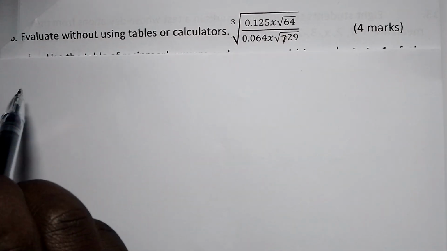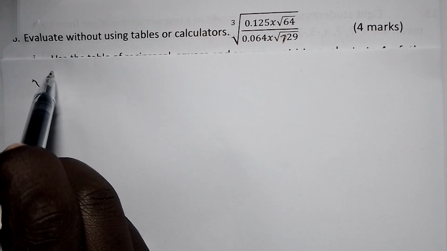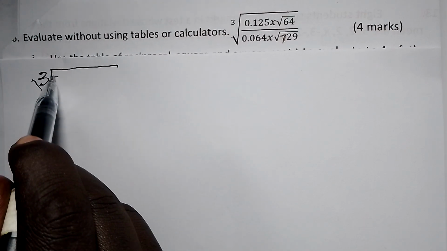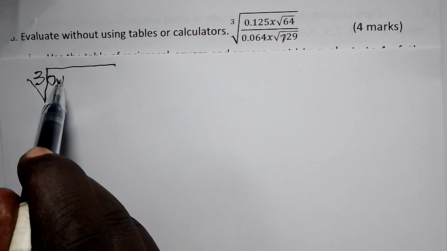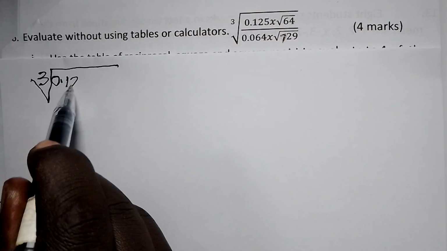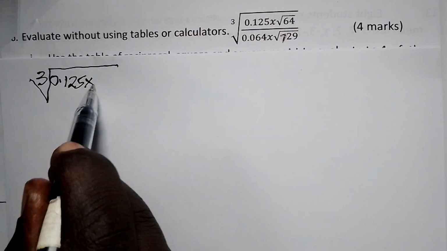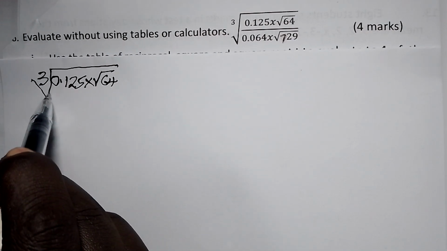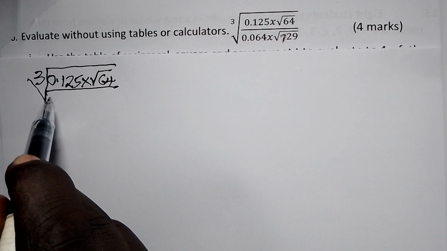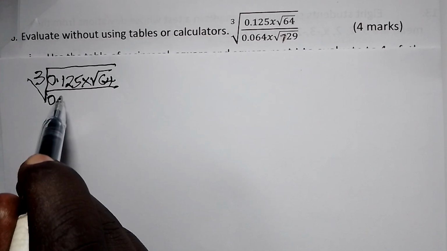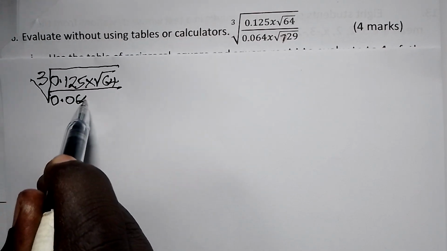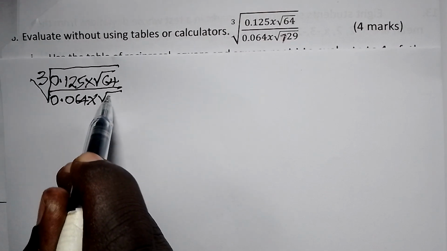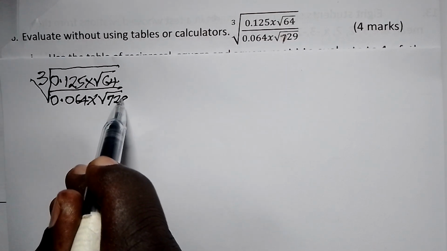Now we have the cube root of 0.125 times the square root of 64 over 0.064 times the square root of 729.